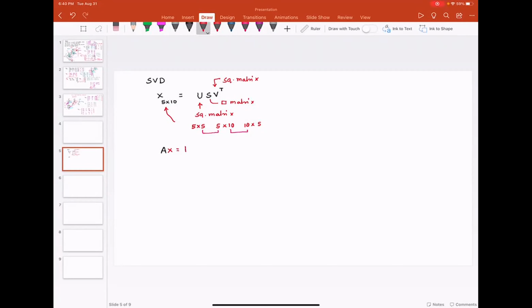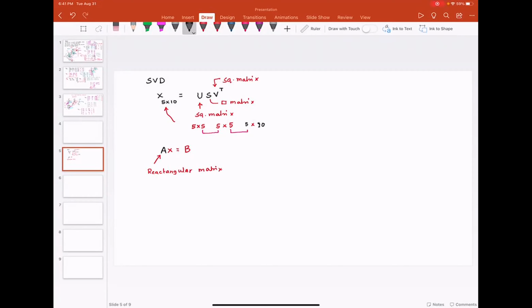I have a decomposition to perform on the system of equations, where A is a rectangular matrix. Yeah, actually I made a mistake here. So I have a rectangular matrix here.